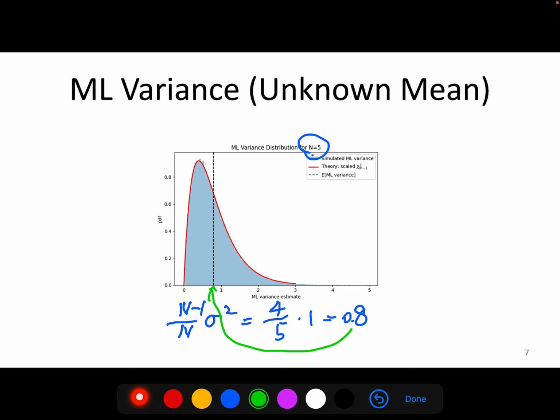So the key question now becomes, why does estimating the mean reduce the degrees of freedom by exactly 1?